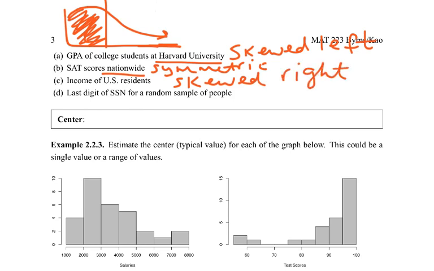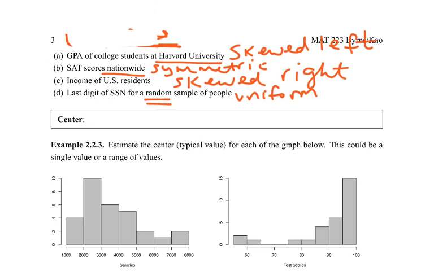And then the last question here, last digit of Social Security numbers for a random sample of people. I use the word random here because I want you to think if we're just pulling numbers randomly, 0 through 9 for a digit, they're going to all come up at an even amount. So this would be what's called a uniform distribution. Let me see if I can get a picture of this really quickly. A very, very rough sketch here.